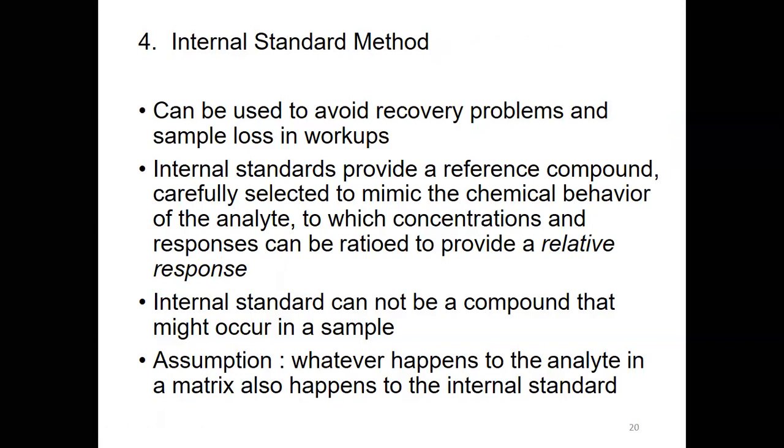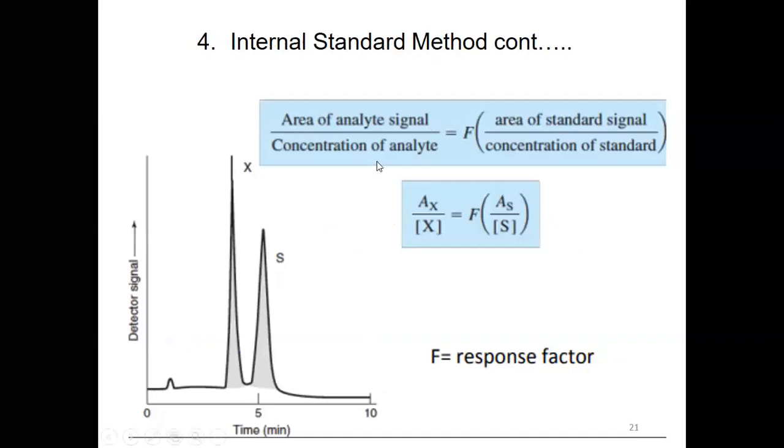Then we will not be able to get this relationship, because the internal standard signal will be due to the standard plus analyte. So if this signal is arising because of the standard plus analyte, then we will not be able to get this kind of relationship.